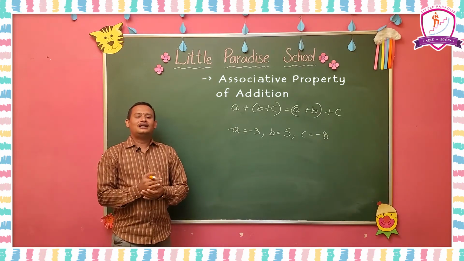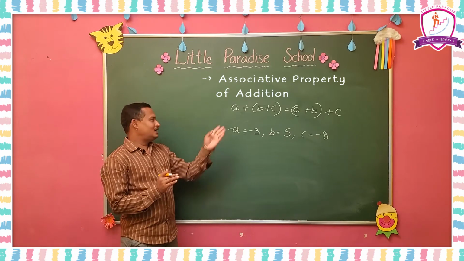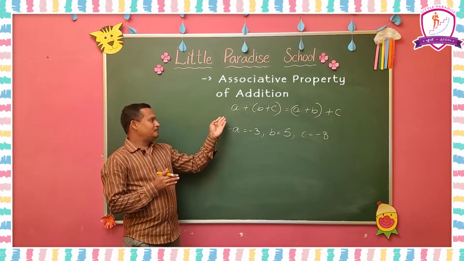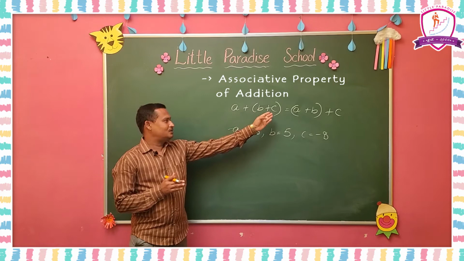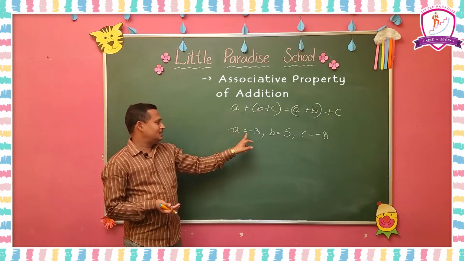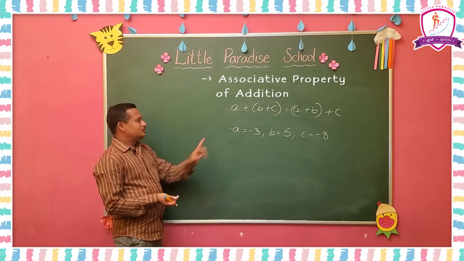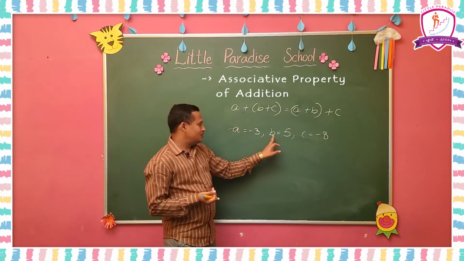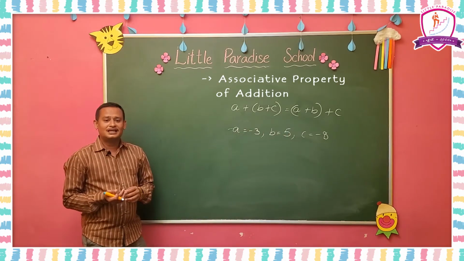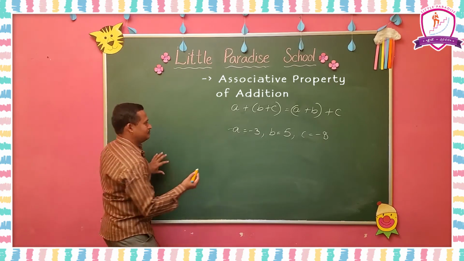So, now let us discuss the associative property. For any three integers a, b, c, a plus of b plus c is equal to a plus b plus c. For example, I am going to take three integers: a is equal to minus 3, b is equal to 5, c is equal to minus 8. Now, I am going to do this example.